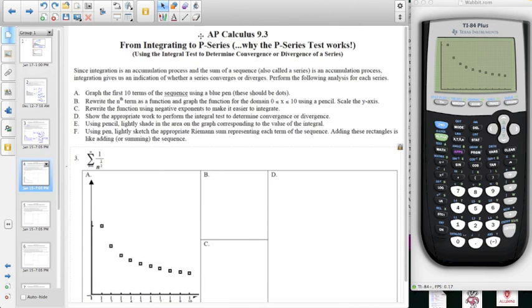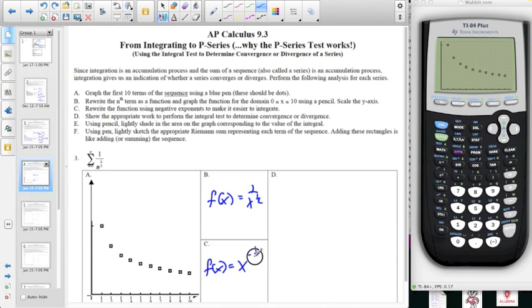Then again, as we integrate this one, in function notation it's 1 over x to the half, or 1 over the square root of x. I'll write it with a negative exponent just to help the integration.